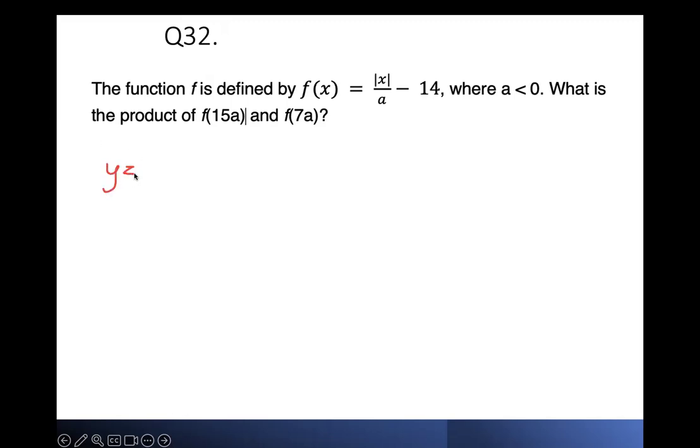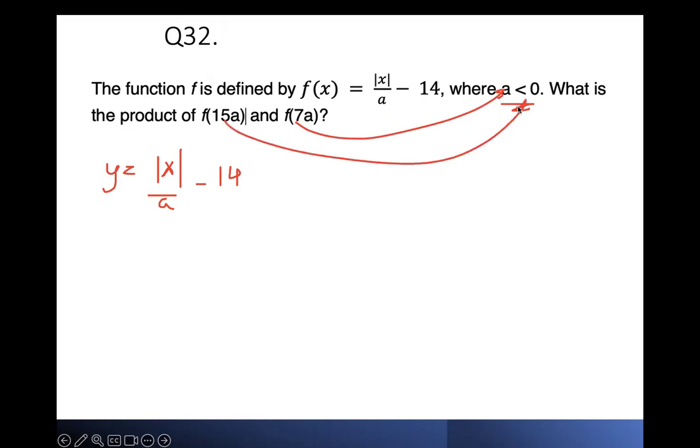We know y is equal to the absolute value of x over a minus 14. All you need to do is substitute those values into the function, right? You know that a has to be less than 0. That means f of 15a and f of 7a have to be less than 0 for the function to work.